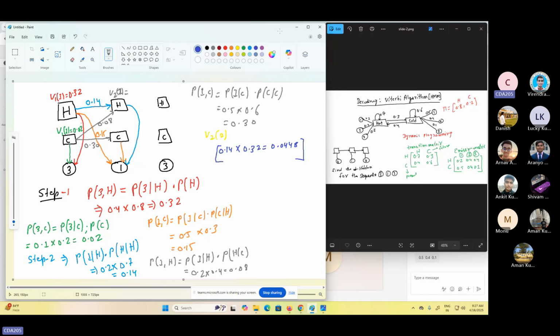And another one: 0.08 into 0.02, which is 0.0016. Which one is the max? The max is 0.0448. So its value becomes 0.0448.